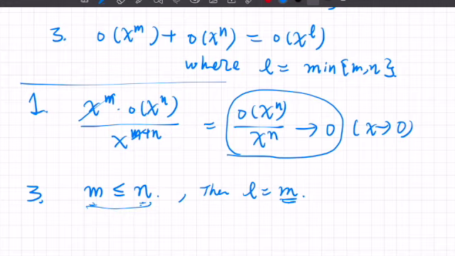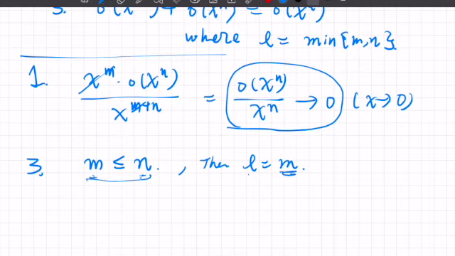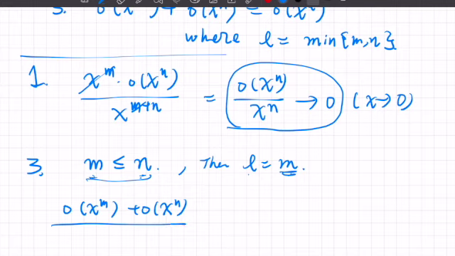If the opposite is true, then we just set L equal to n, so it's not a problem. So we divide little o(x^m) plus little o(x^n) over x to the power of m.